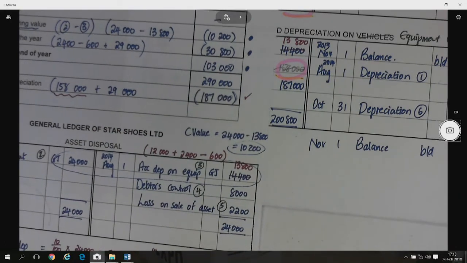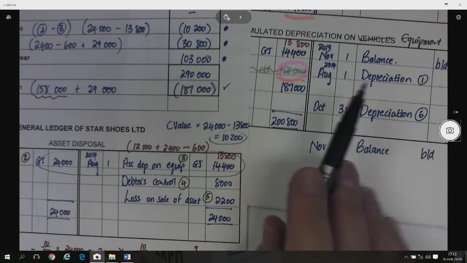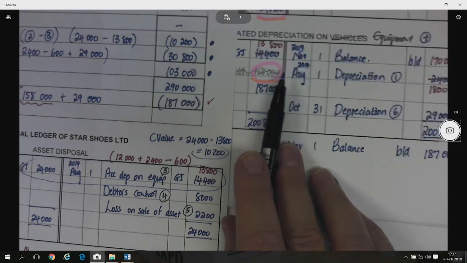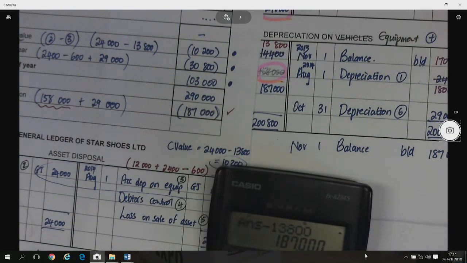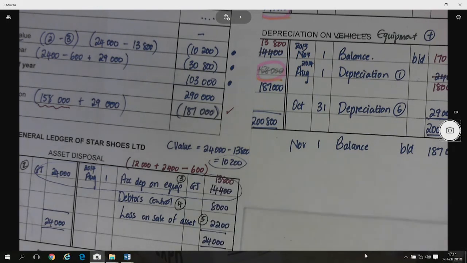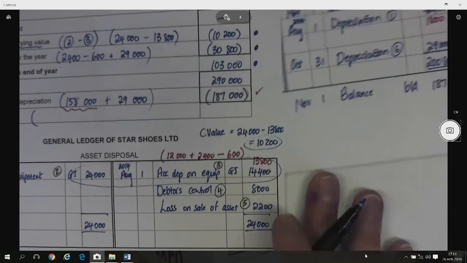Because remember, the 158 was up till there, with wrong calculations, but it was 100% up till there. So if you say 158,000 and you add the 29,000, you've got the 187. But if you want to show a better bracket, look at the account.